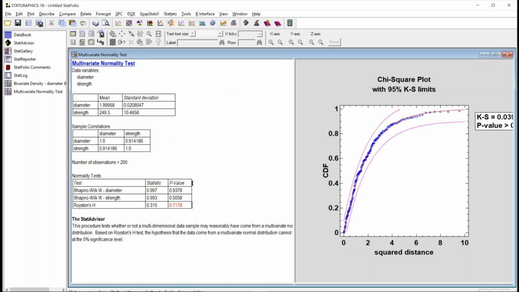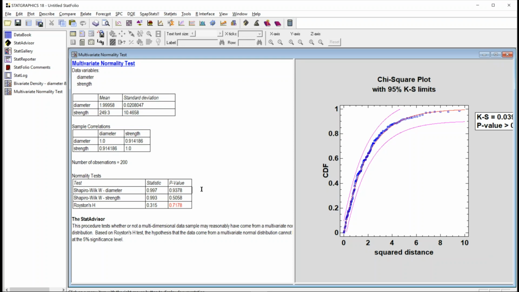You can see up at the top of this analysis summary that there are two means and two standard deviations, one for diameter, one for strength. You see the correlation matrix, and they're quite strongly correlated, diameter and strength. There's a correlation of above 0.9.